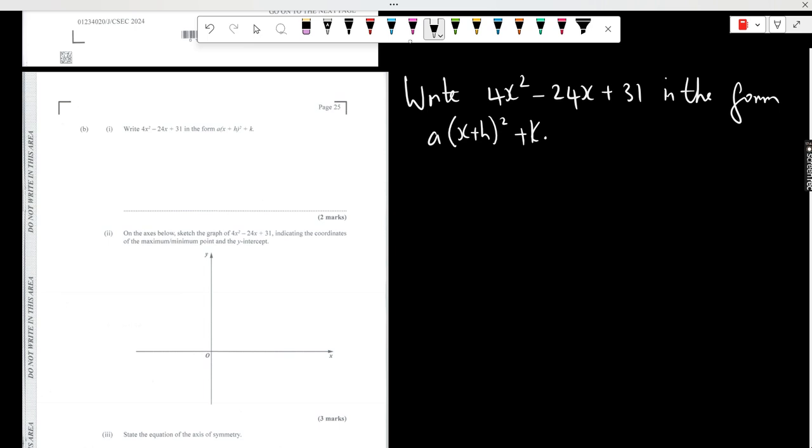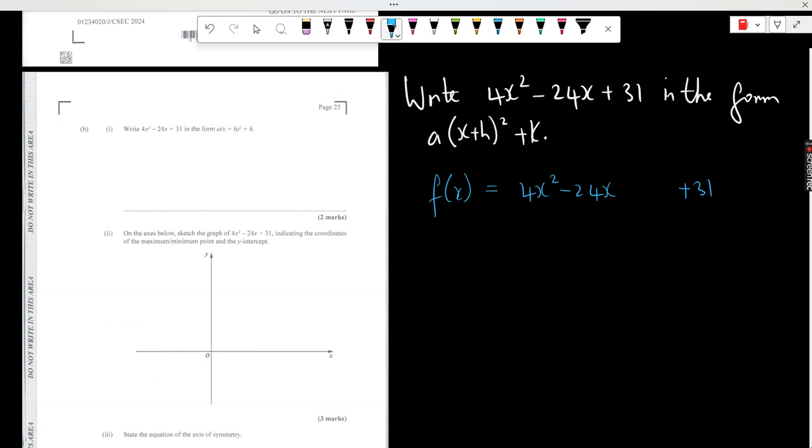So for the sake of this question, I'm going to say let f of x be equal to 4x squared minus 24x plus 31. I'm going to put the plus 31 over here by itself for a little reason. Right.